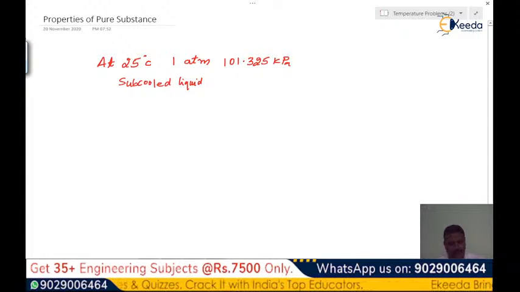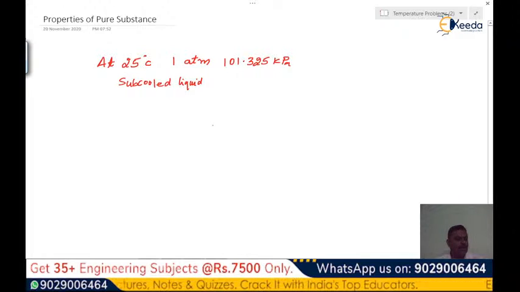When it is heated, as I already told you, its temperature rises, and at 50 degrees Celsius and 1 atmospheric pressure, it is once again a subcooled liquid. If it is heated again and reaches a temperature of 100 degrees Celsius at 1 atmospheric pressure, I am mentioning 1 atmospheric pressure because I will explain that when we come to the table. At 1 atmospheric pressure, at 100 degrees Celsius, it starts boiling.